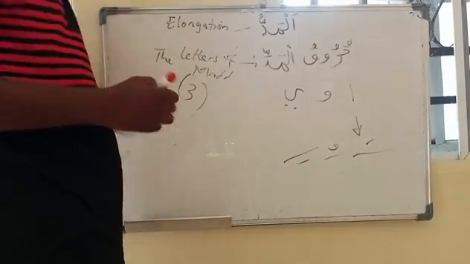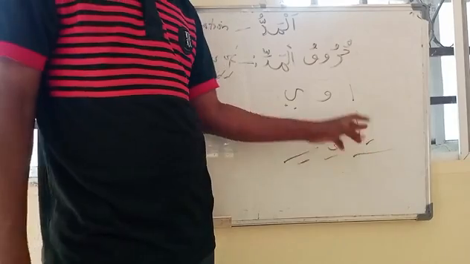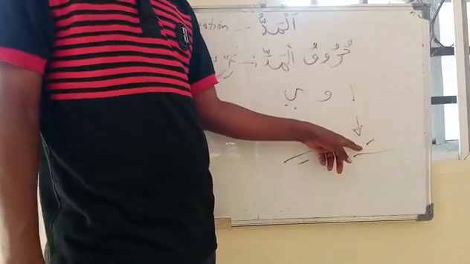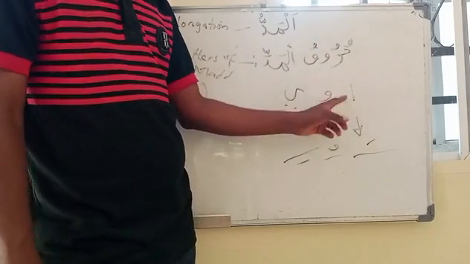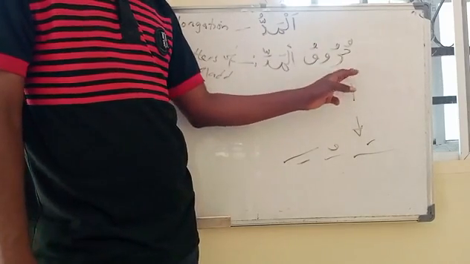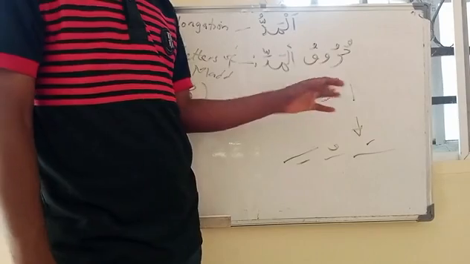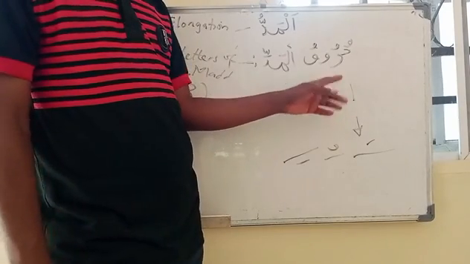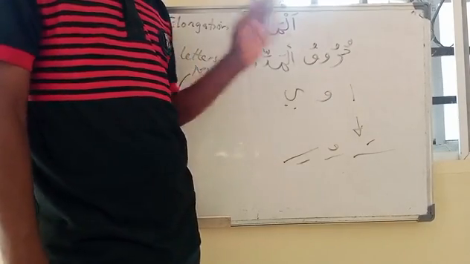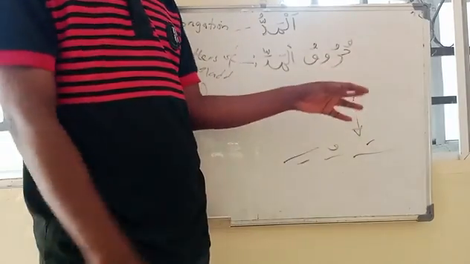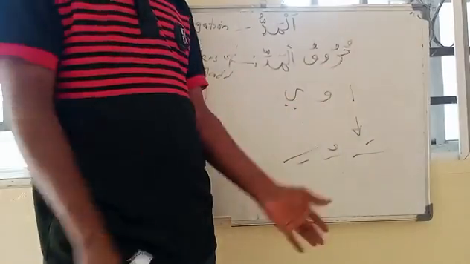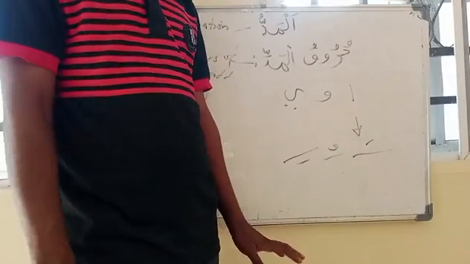You understand? So to elongate the A sound, we follow the letter that carries A with an alif. This alif will just be written as alif without haraka, without a fatha, kasra, or dhamma. Whenever a letter does not carry fatha, kasra, or dhamma, it is said to be sakin, to carry sukun.